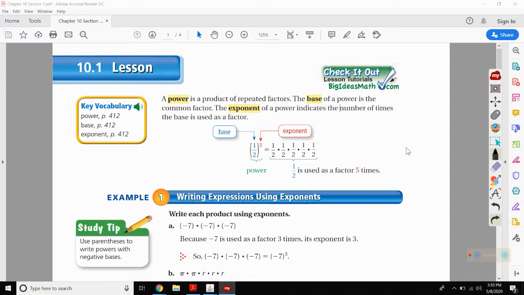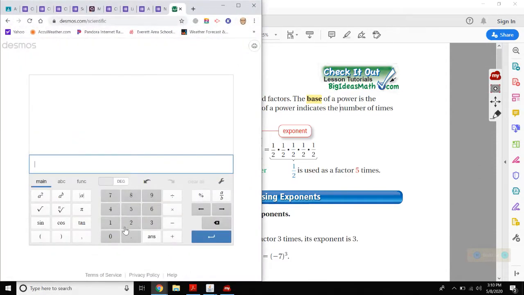To solve exponents, you will see that it is quite easy actually, especially if you have access to a calculator. Now you can multiply it out by hand, but if you have access to the calculator, we can just put it in the calculator simply. Since we're dealing with the half, I'm going to use parentheses to keep my half together.